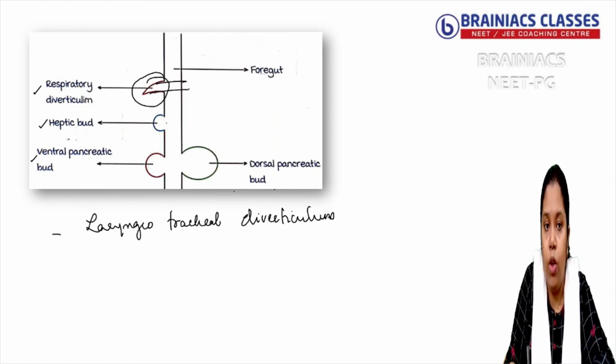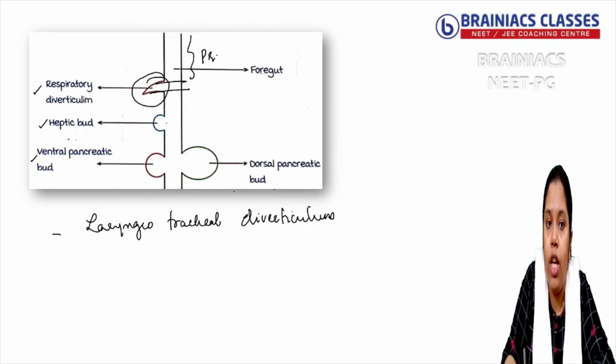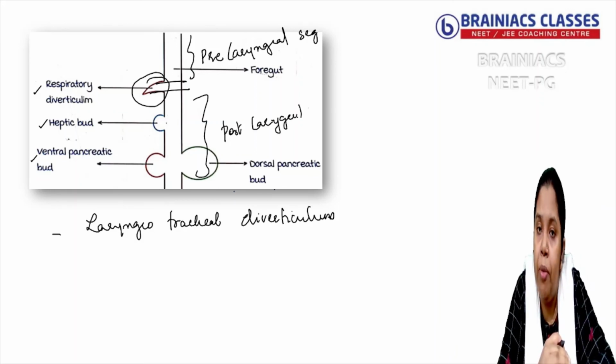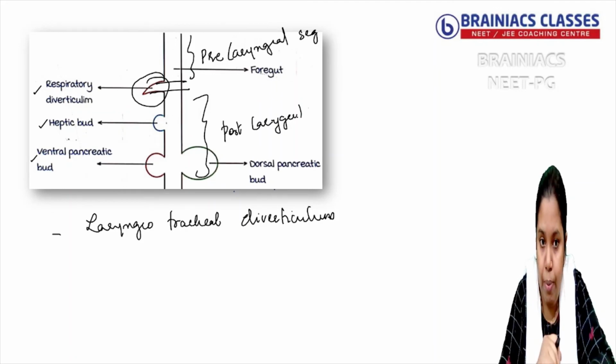This diverticulum will divide the foregut tube into the pre-laryngeal segment and the post-laryngeal segment. The part above the respiratory diverticulum forms the pre-laryngeal segment, and the part below it forms the post-laryngeal segment.